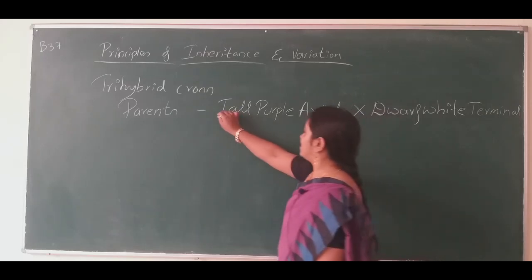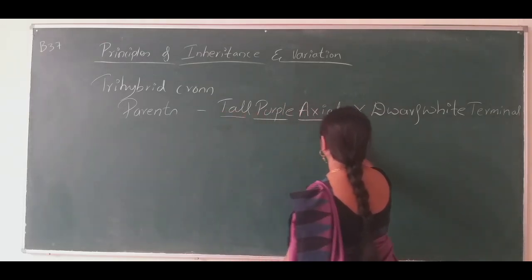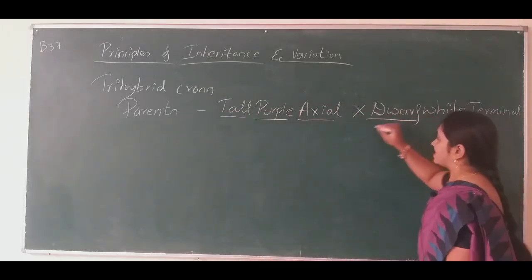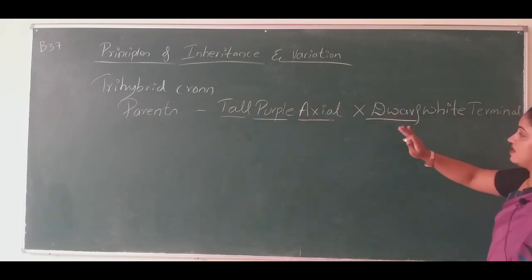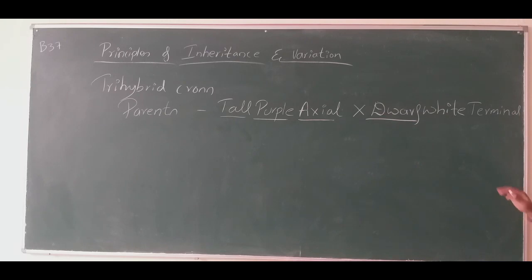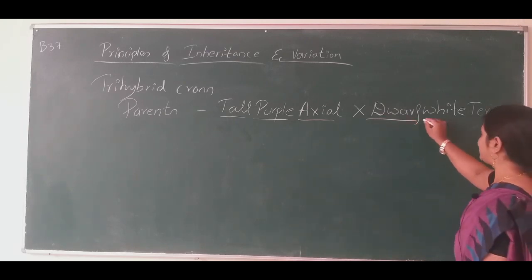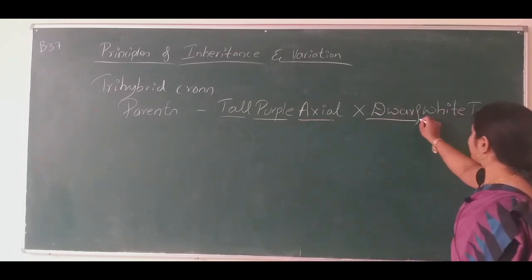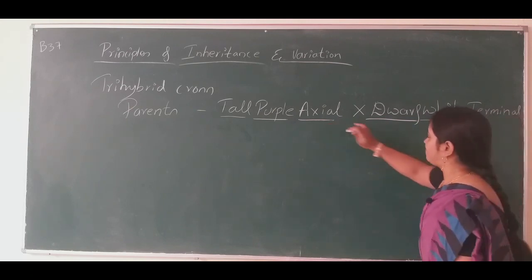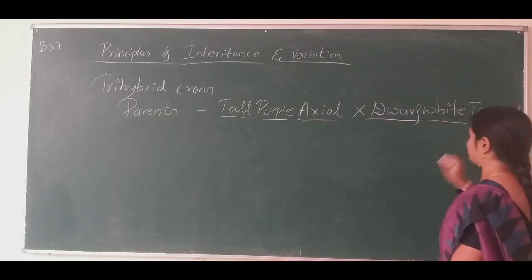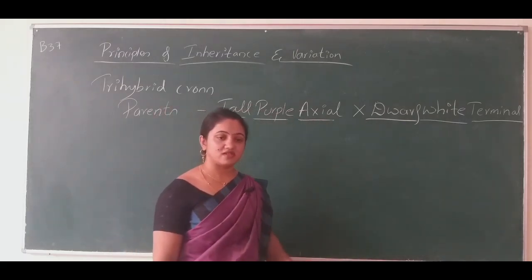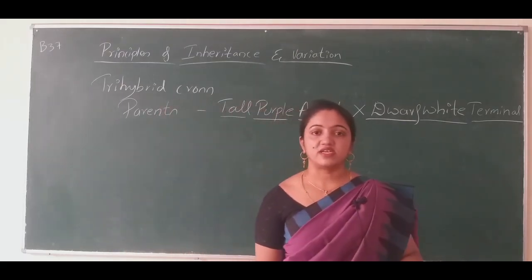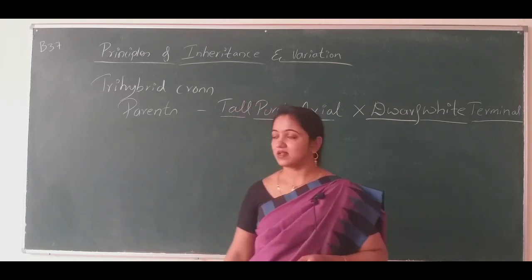So for the tall, dwarf will be the alternate recessive contrasting character. For the purple, white will be the recessive character. For the axial, terminal will be the recessive character. So these are the 3 contrasting characters I have selected.